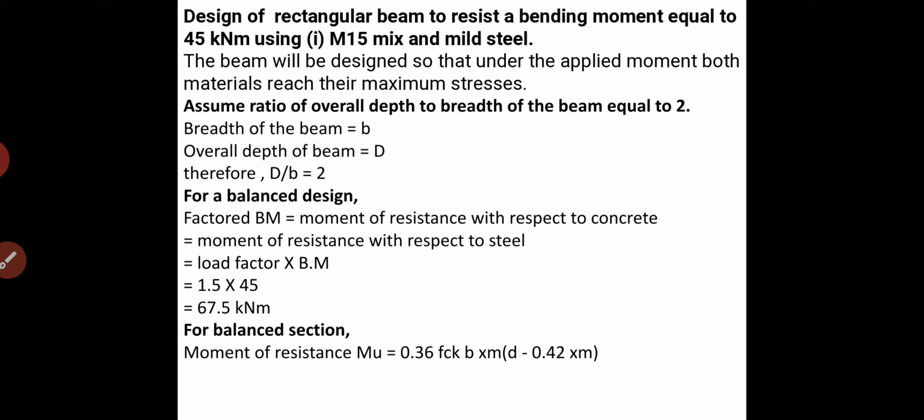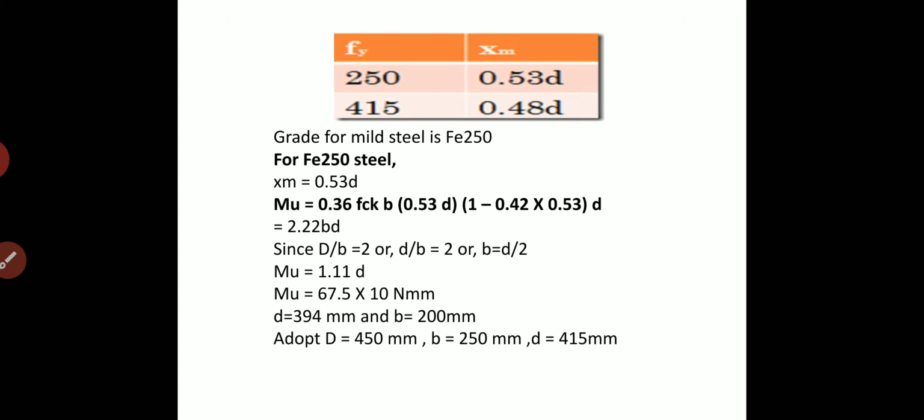B value we calculate from the ratio of overall depth to width of beam. Here for fy 250, xm value is 0.53 d, and for fy 415, xm value is 0.48 d.